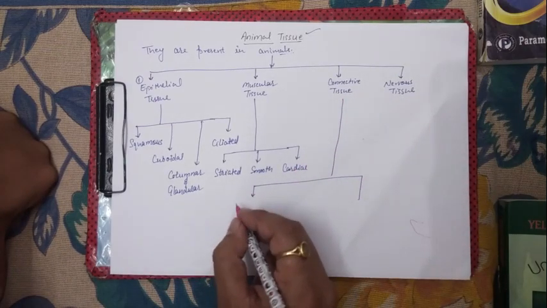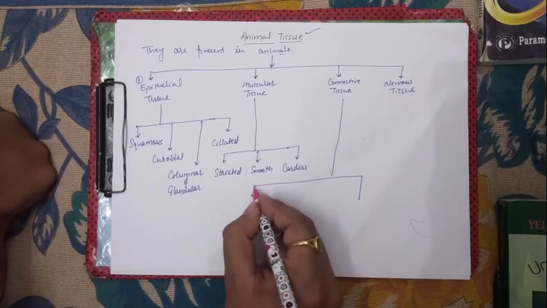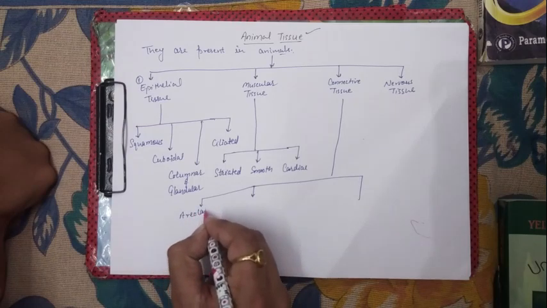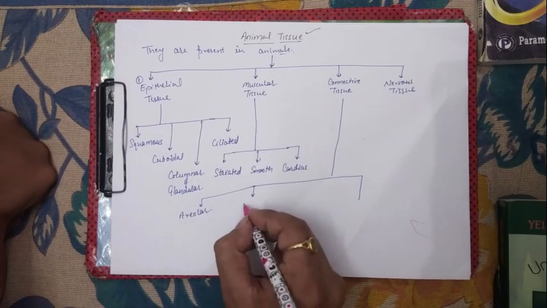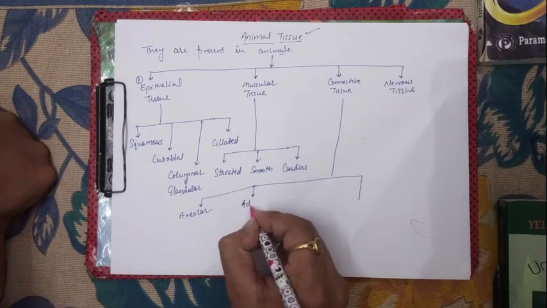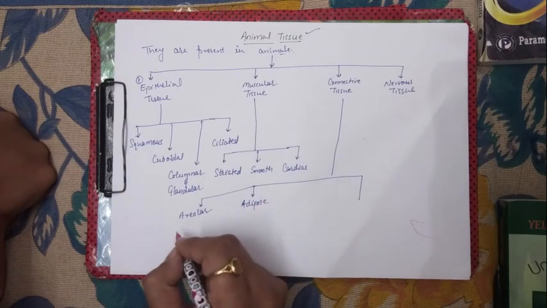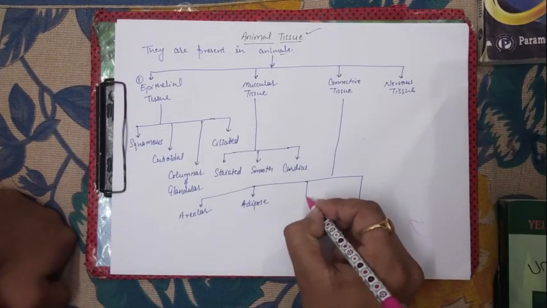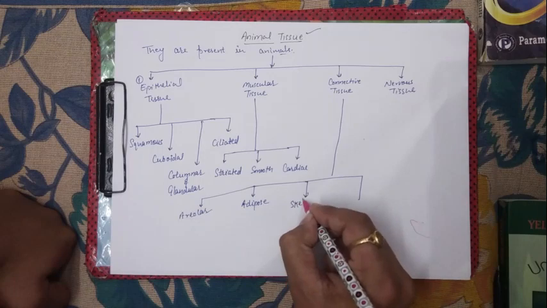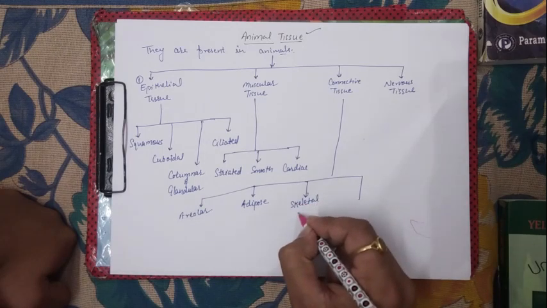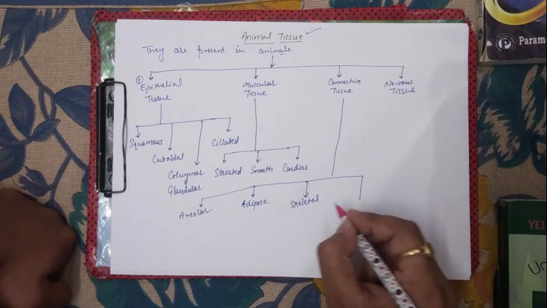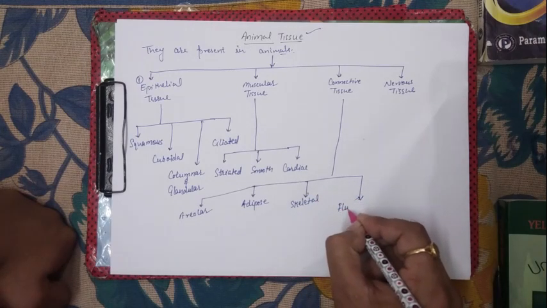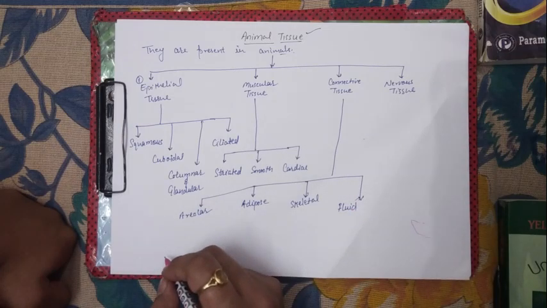Connective tissues are divided into areolar connective tissue, adipose connective tissue, skeletal connective tissue, and fluid connective tissue.